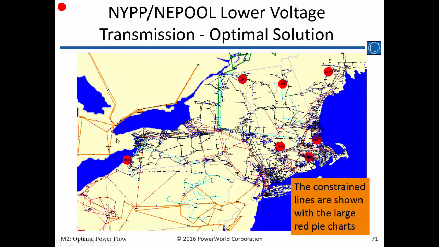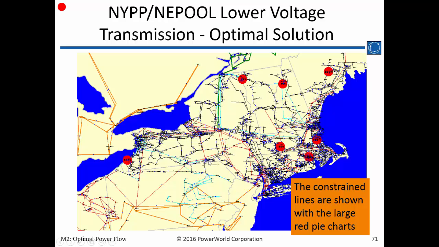So that's the network. The pie charts are dynamically sized so that if a line is at or exceeding a limit, it's large, so you can see where the binding constraints are. You could also contour the shadow price for transmission lines, and that would help those jump out as well.